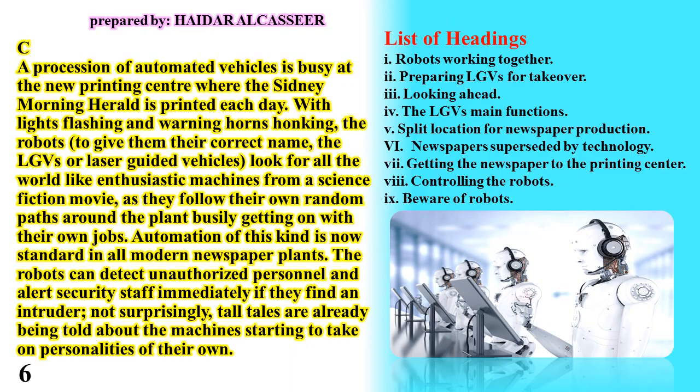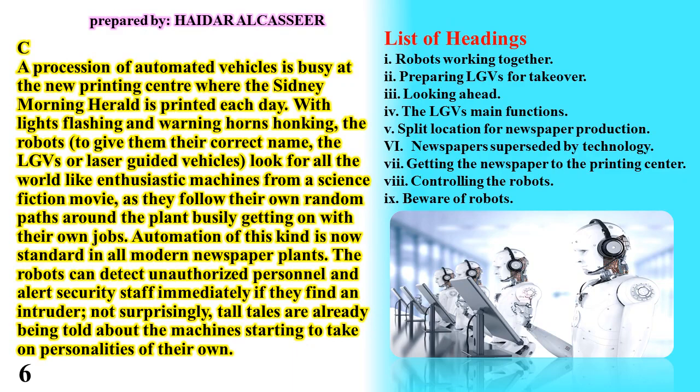Okay. Split location, you have already chosen it. Newspapers superseded by technologies. It doesn't talk about the newspapers or technology for newspapers. Number 7, we have already chosen it. Number 8, controlling the robots. And number 9, beware of robots. So we have number 1, number 8, and number 9 talk about robots.